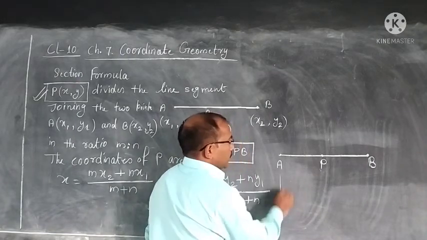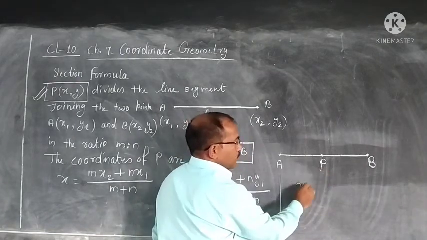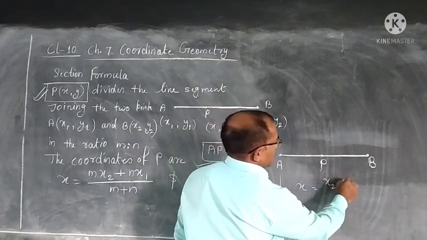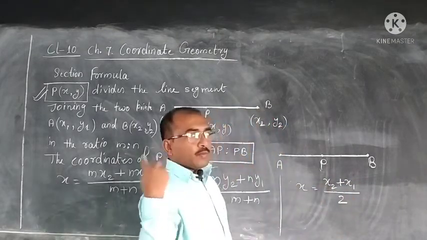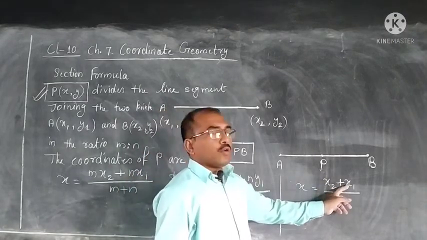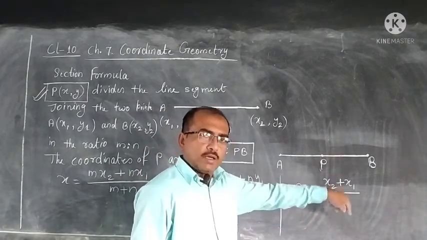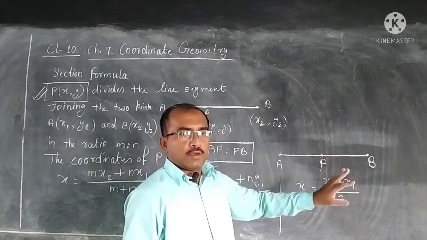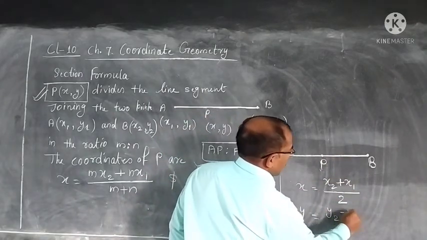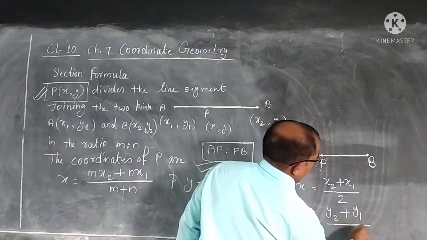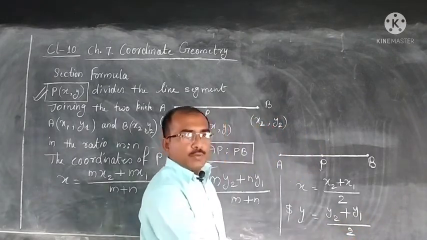So, coordinate of the midpoint, x will be equal to x2 plus x1 by 2. Actually this is same only, m ratio n. M and n we are not using here because m is 1, n is also 1, both parts are equal, and y will be equal to y2 plus y1 by 2, m plus n, that is 1 plus 1.